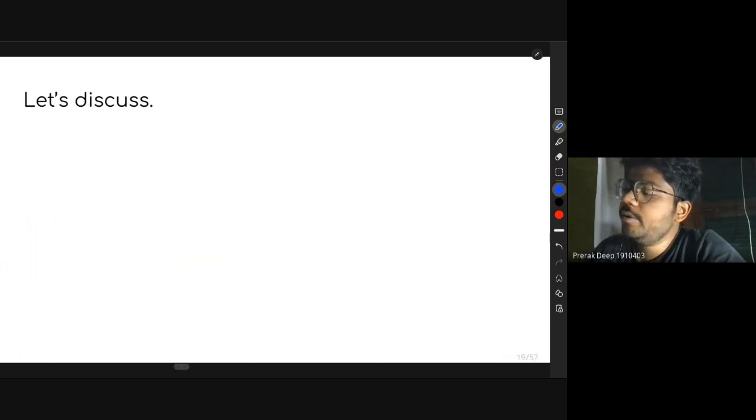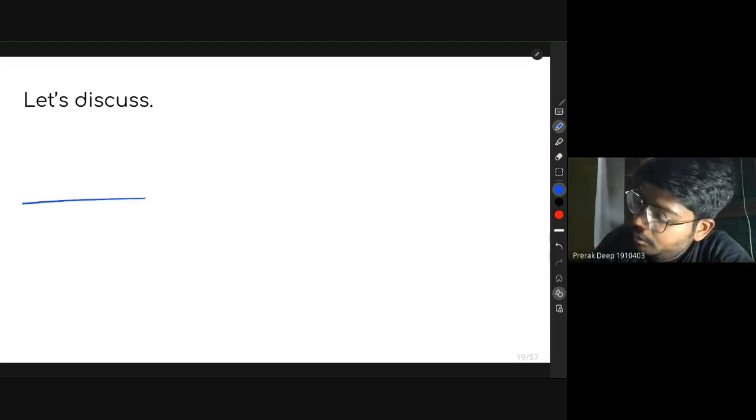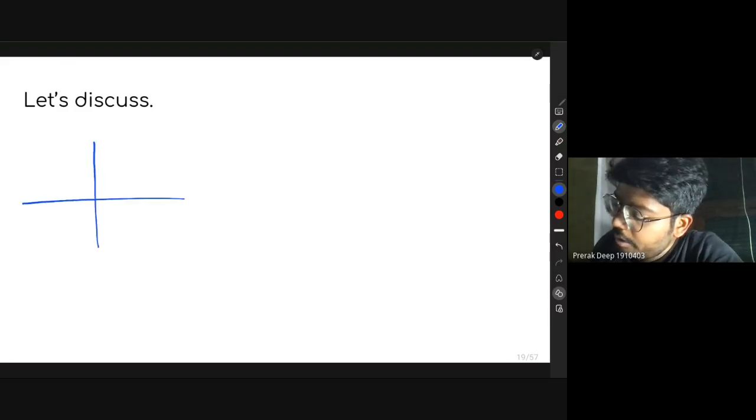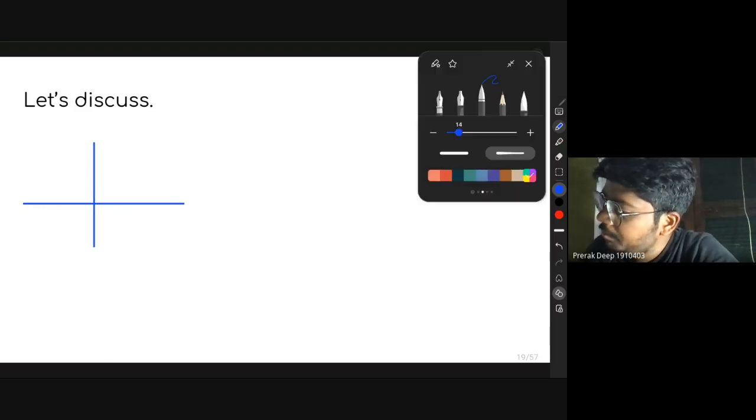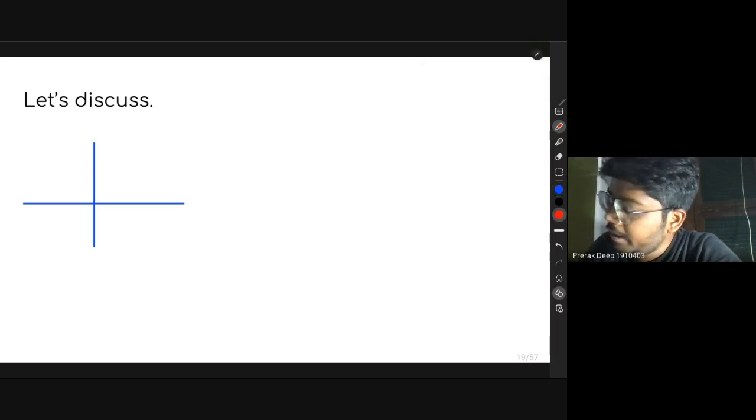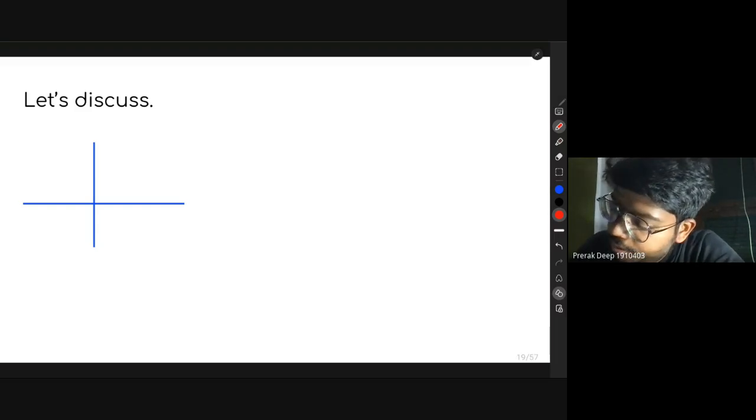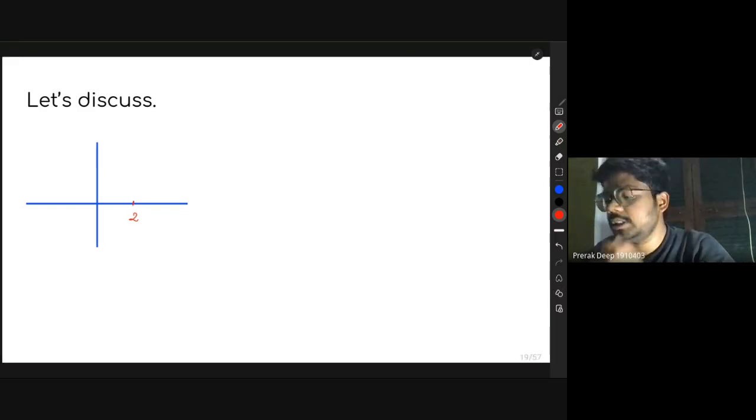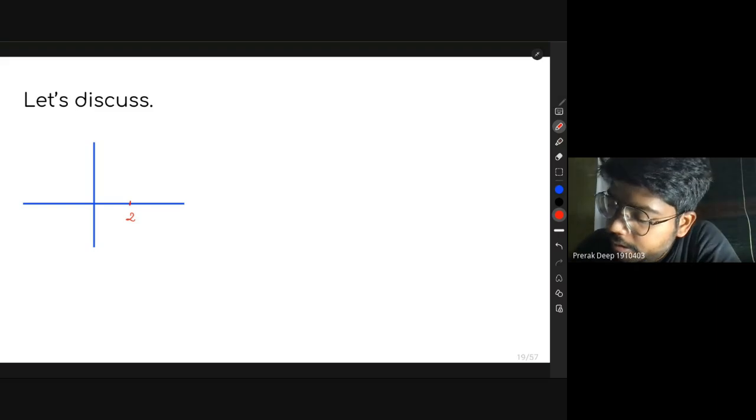Okay, so the idea usually here is, as I mentioned previously, that you can approach a function value. So it is given that at x equal to 2 this function is not defined.